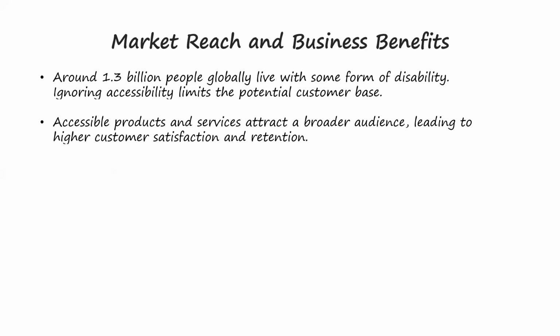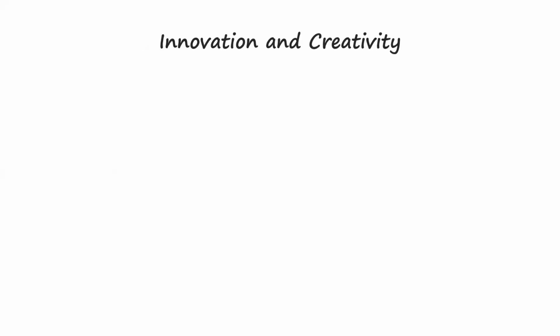So we are teaching you something that can actually help you become a global genius. And if you're a global genius, you're creating an application that people globally can use, so you should always use accessibility. Accessible products and services attract a broader audience, leading to higher customer satisfaction and retention. So you'll be doing more business if you build accessible web applications.